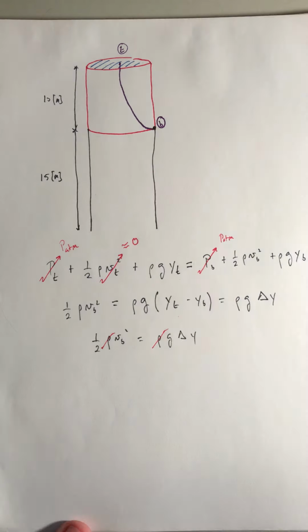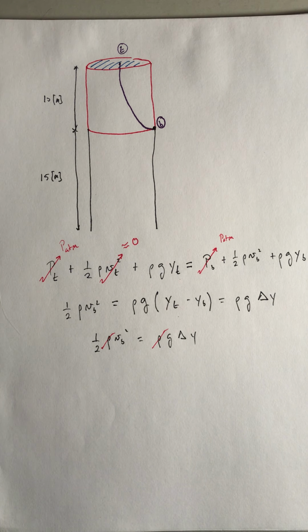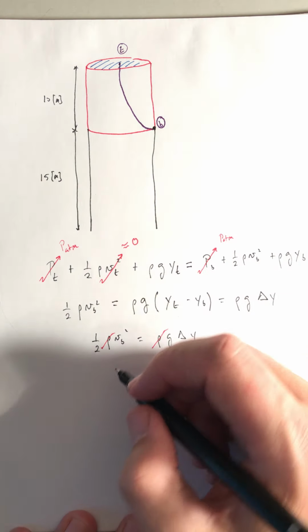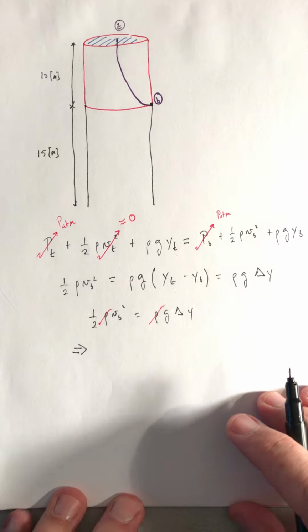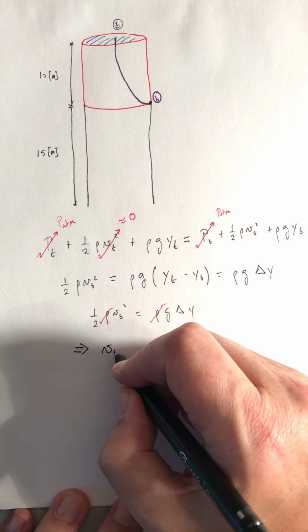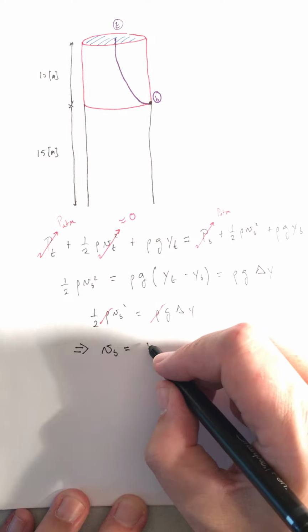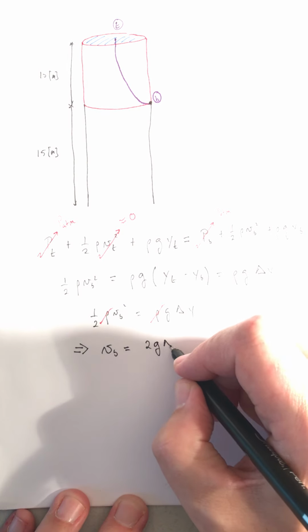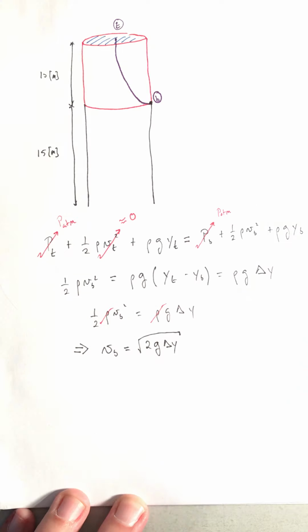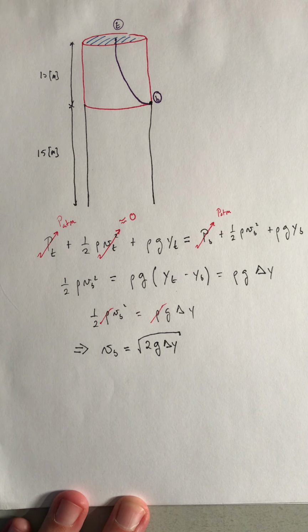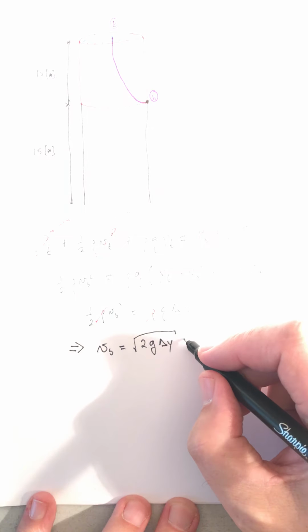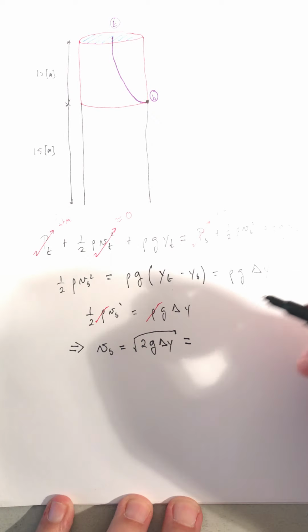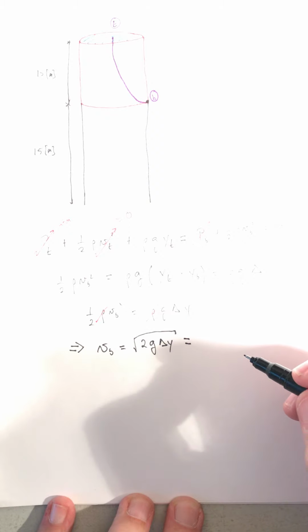So rho cancels out rho. And we'll have an answer that then looks very familiar from whenever we've applied conservation of energy before. The speed at the bottom is going to be 2 times g times the change in height, all square root. So the fact that this is a fluid flowing is not having any impact on our answer. It's just what we would get from conservation of energy alone for a particle that falls through a distance delta y.